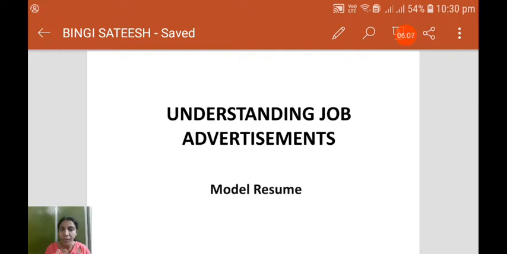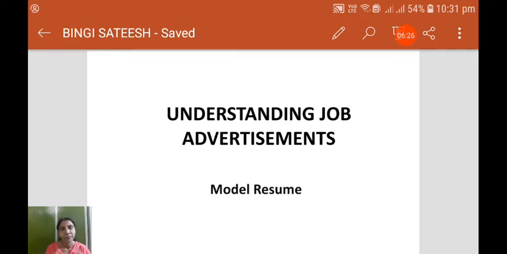If it is given by the university, mention the name of the university and the academic years, from which year to which year you have studied, and the aggregate percentage. So these are to be mentioned in the educational qualifications.